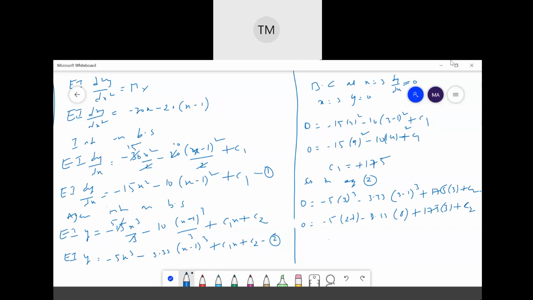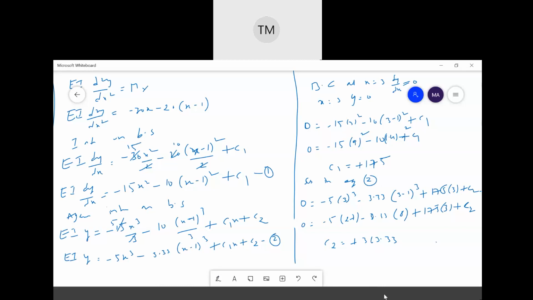When you simplify this one, you get the value of C2. The value of C2 is plus 363.33. The value of C3 is plus 363.33. Then substitute these values in equations 1 and 2.